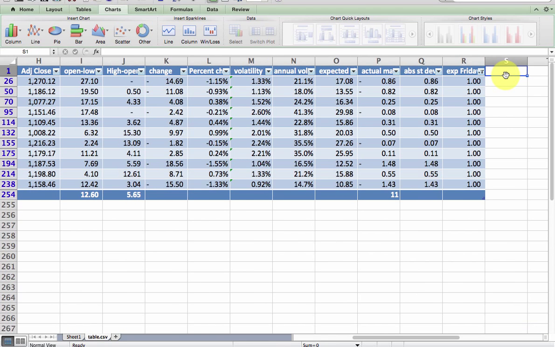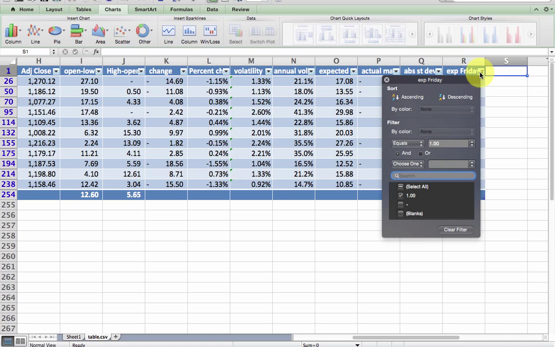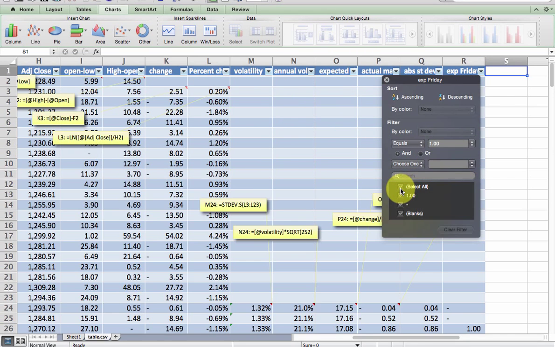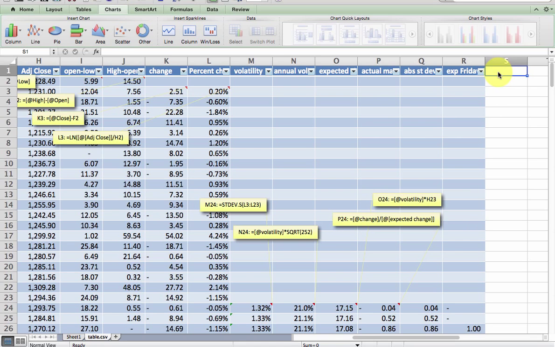Okay, so other things you might be interested in are maybe how many days it's been since we've had a two standard deviation movement. All right, so first of all, I'm going to remove the filter. And we're going to go ahead and take a running count of days to two standard deviation movement.